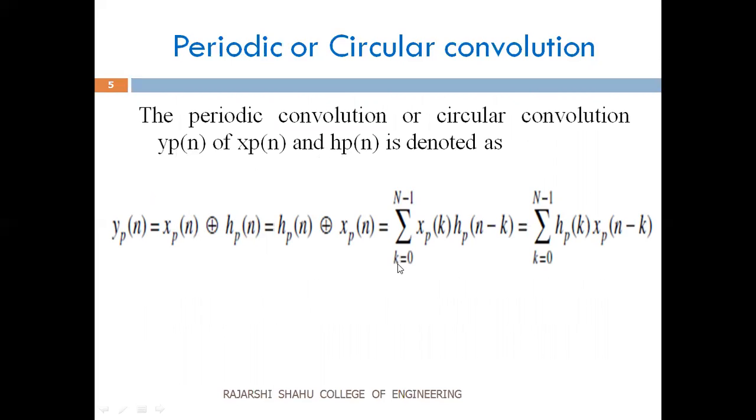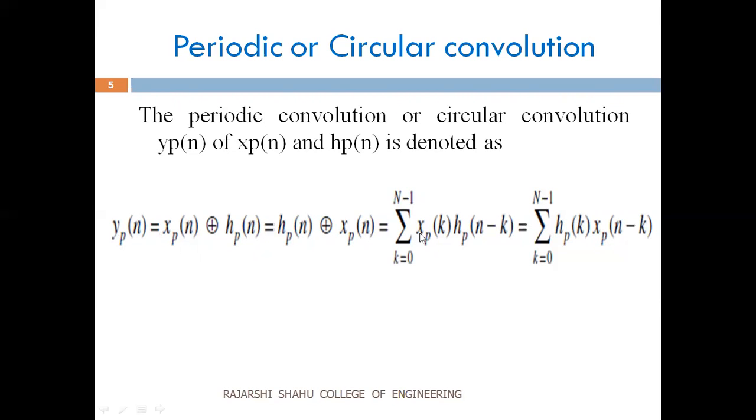It is given by the formula: y_p[n], p stands for periodic, is nothing but circular convolution between input signal, which is periodic, x_p[n], and the system's impulse response, h_p[n], which is also periodic.